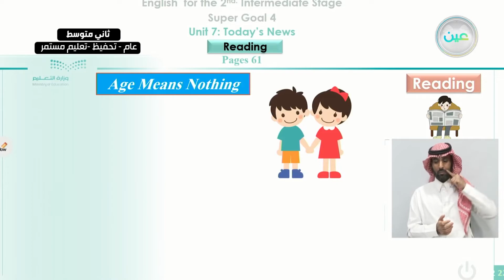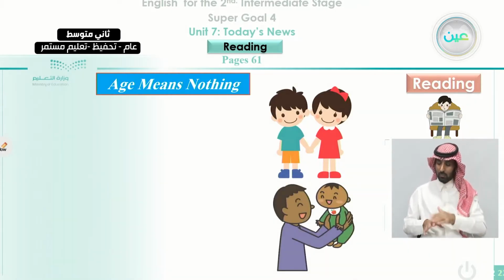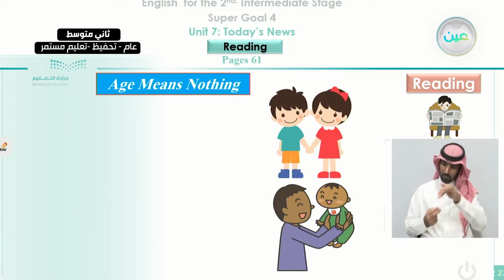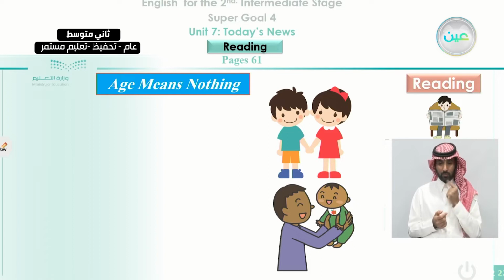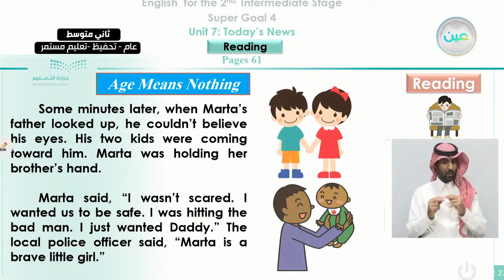They're holding hands and they're going back to their father, who was very happy about the reaction of Marta. So Marta has no limits for her age, and she could manage to save herself and her little brother, and she was the hero of this story. Let's read the last two paragraphs about this story and find out what the police said about Marta.